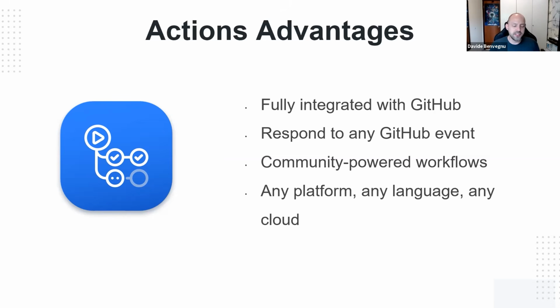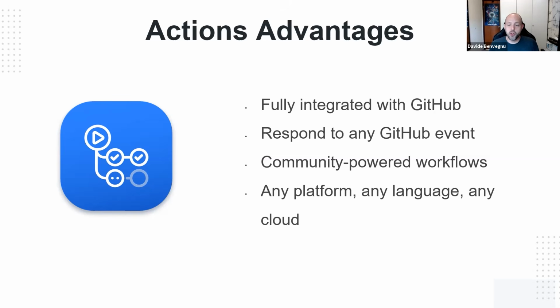Now, most of the CI systems you can find normally are used just for CI. So they respond to the fact that you push your code to your repo, or a package is ready and you can deploy it, and things like that. But GitHub Actions is basically a full automation engine. What I always say is that if you think you can automate something, then 99% you can do that with GitHub Actions.